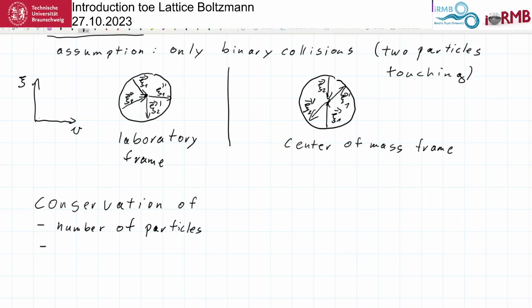What is also conserved even before this is the mass. Obviously, when we do not distinguish between the particles, they both have the same weight, unless we regard them in different groups. So you conserve the number of particles, you conserve the mass. And then comes, of course, your momentum.